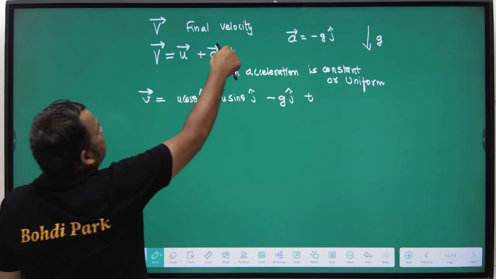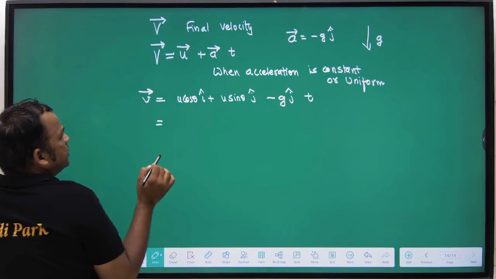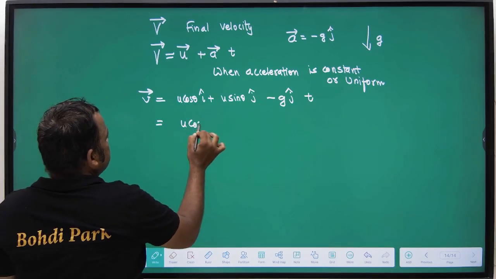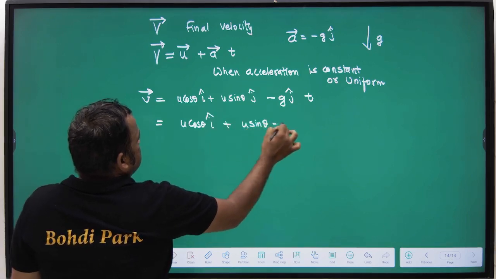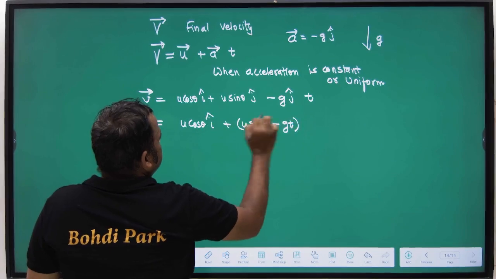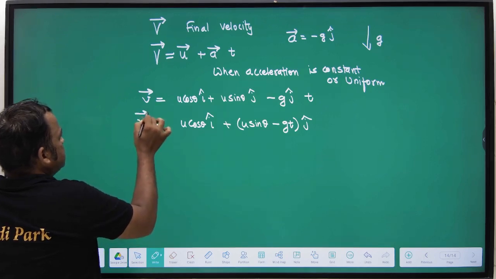So acceleration into t means minus g j cap into t. So now i together, j together. So this is u cos theta into i cap plus u sin theta minus gt in the bracket, and j cap is common. So this is the velocity vector.